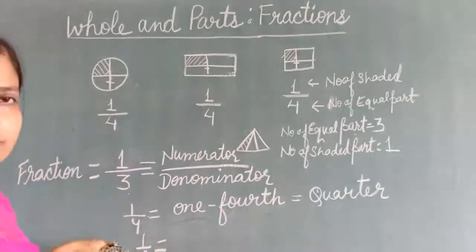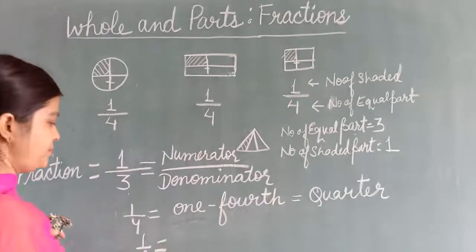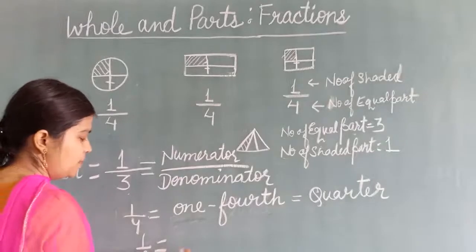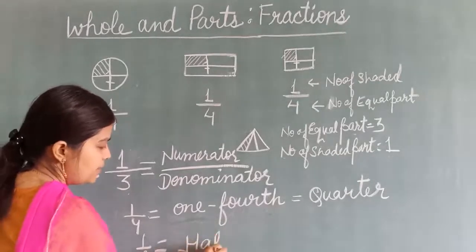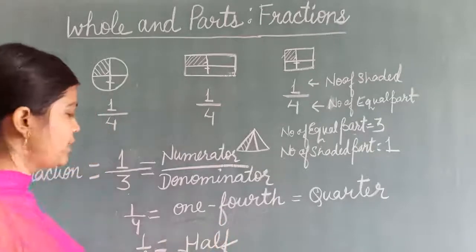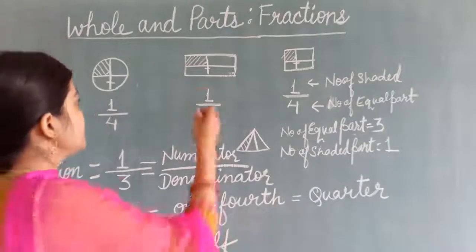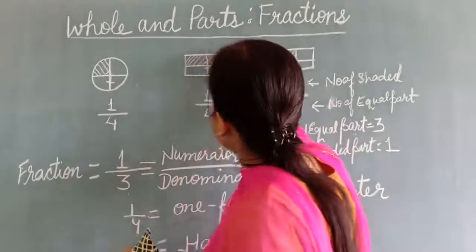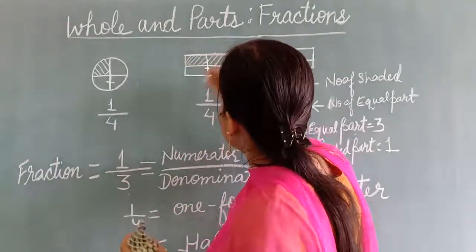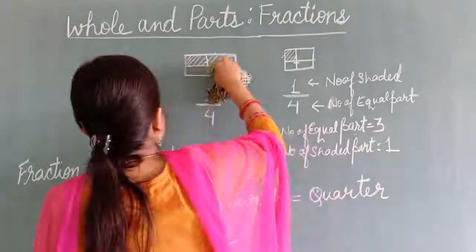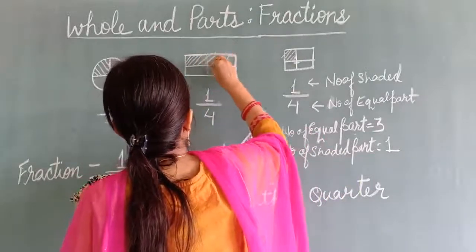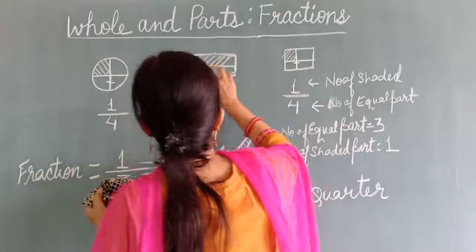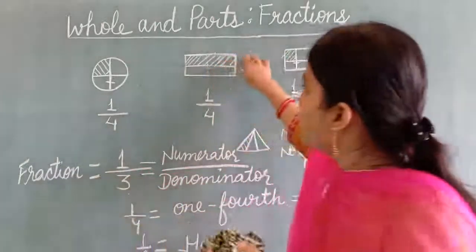The another name of 1/4 is quarter. And 1/2 we call half. Generally we are calling it half only. Okay, 1/2 is known as half, because if you see that if I divide this into two equal parts, and one part is shaded, then how many parts are shaded?